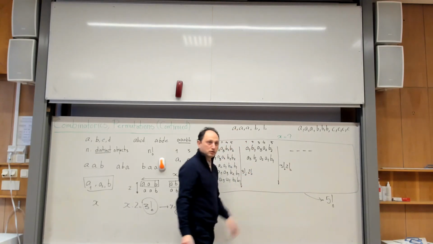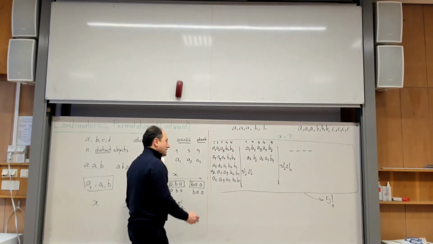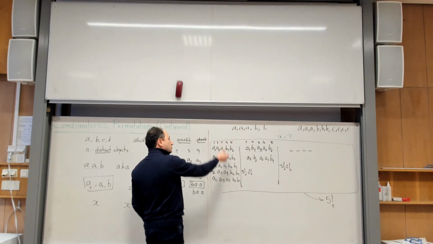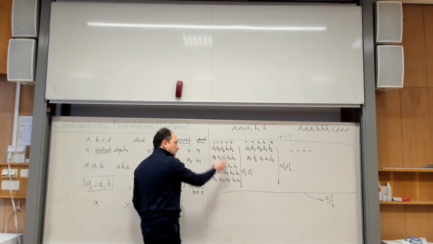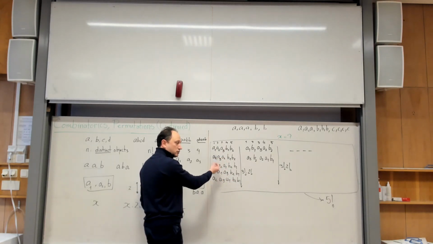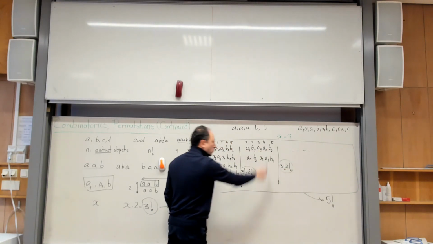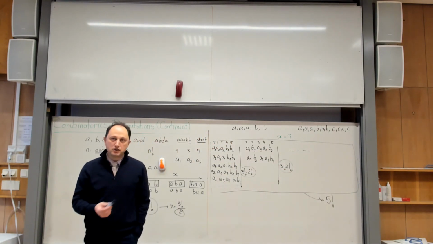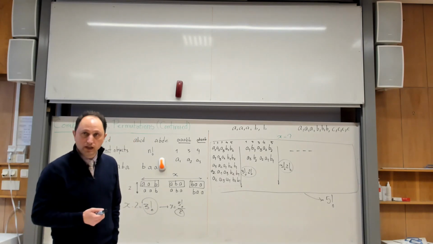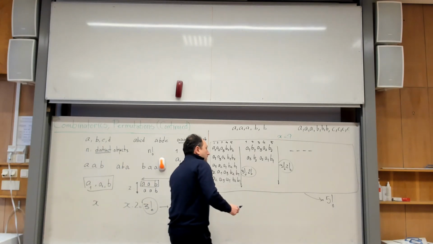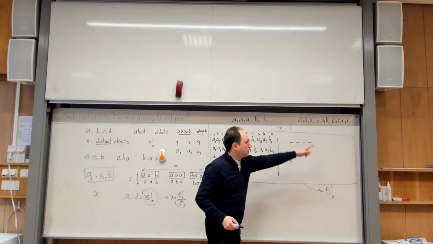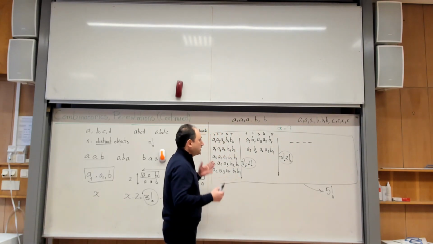Is that understandable? Yes. So what happens is that, if I ask you to count the number of items in each column, with this strategy that I mentioned, I hope you agree with me that the depth of all these columns is the same, and it is 3 factorial times 2 factorial. Yes? But now, if I ask you how many items are in this rectangle, you can do it in a different way.